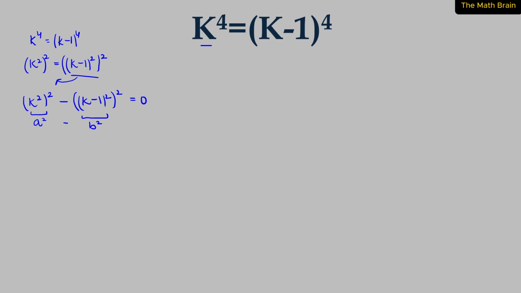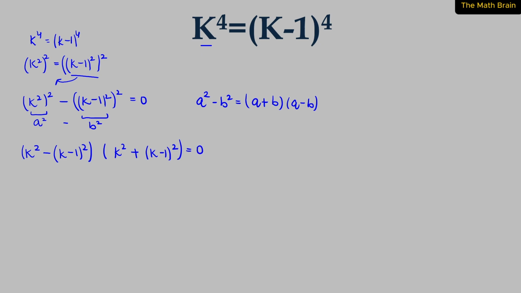So we are going to use the formula a squared minus b squared is equal to (a plus b)(a minus b). So we will get (k squared minus (k minus 1) squared) and (k squared plus (k minus 1) squared) is equal to 0.